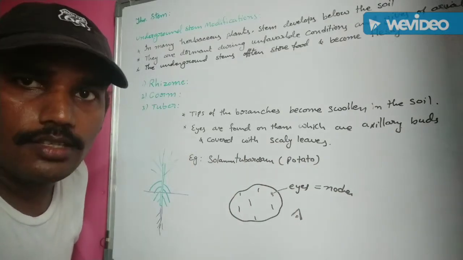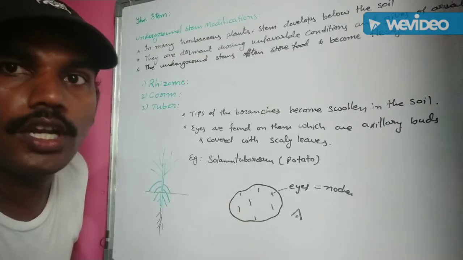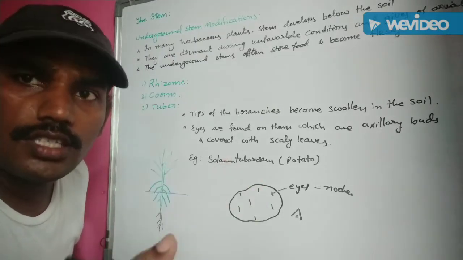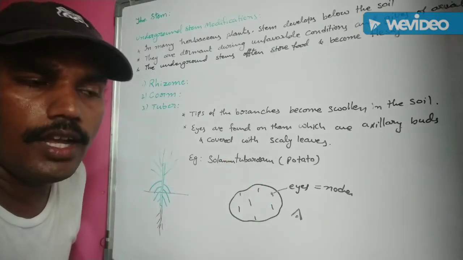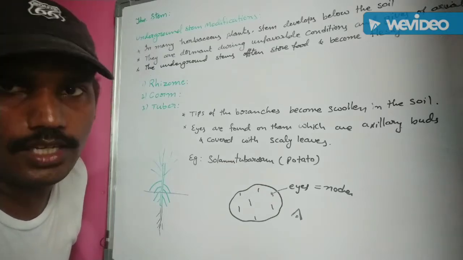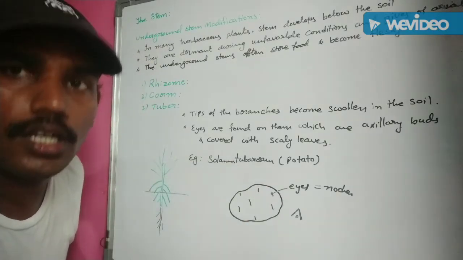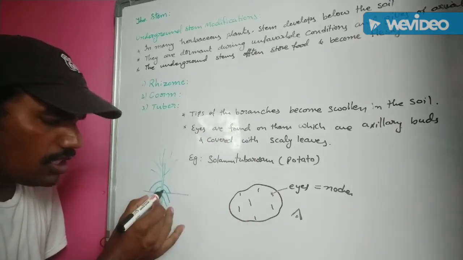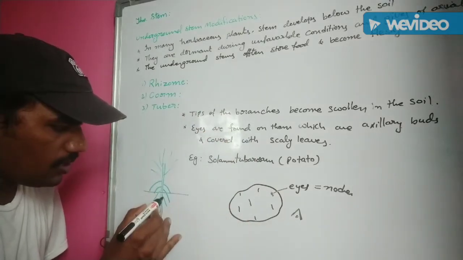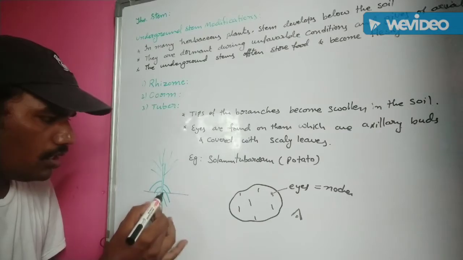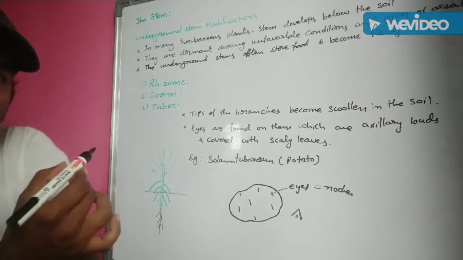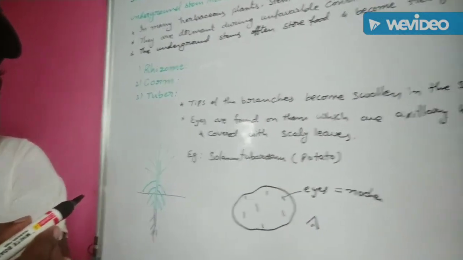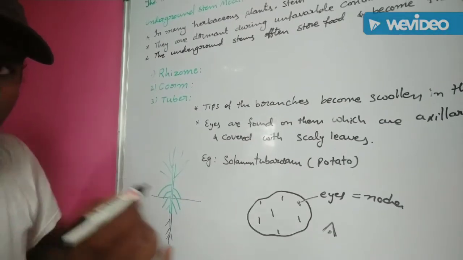These are called eyes. Every eye is equivalent to a nodal region. So the nodal region consists of an axillary bud, and axillary buds are protected by scaly leaves because this one is underground. In this, the tip of the branches nearest the soil, this one is the root system, this green part is the shoot system. Okay, clear?